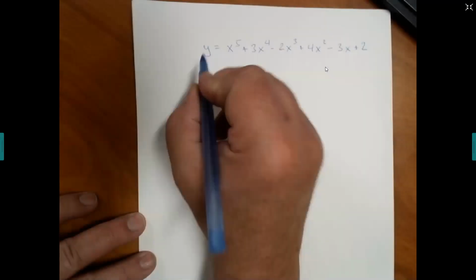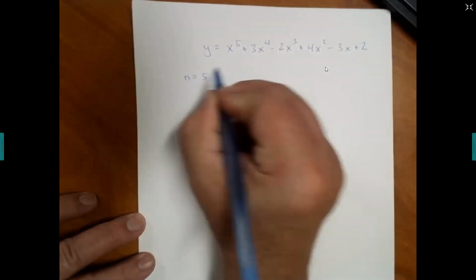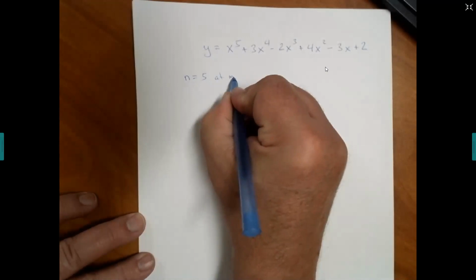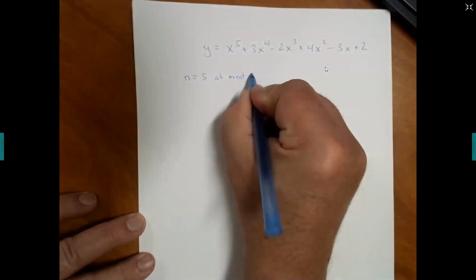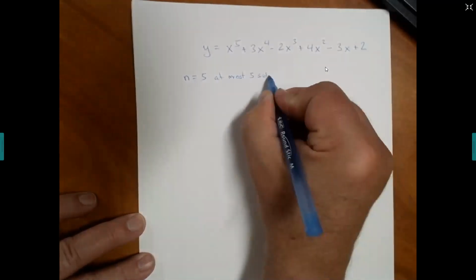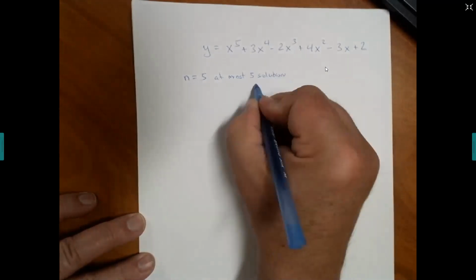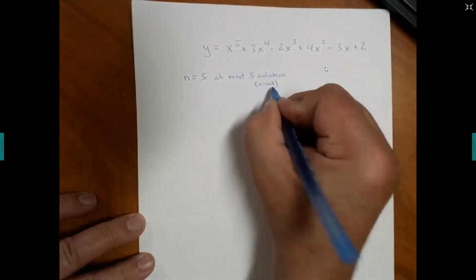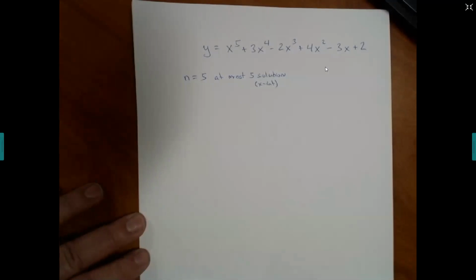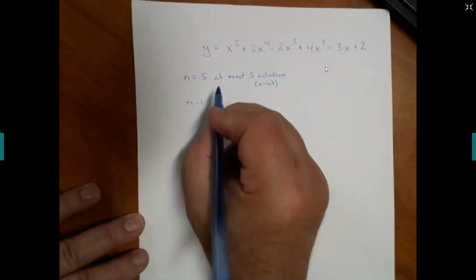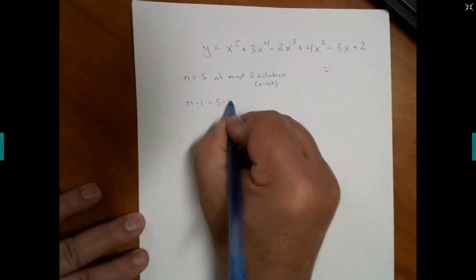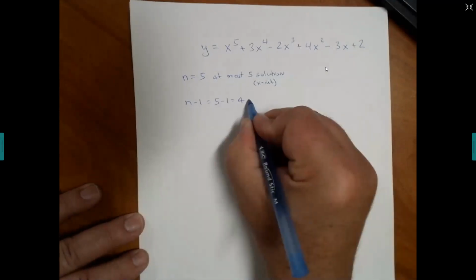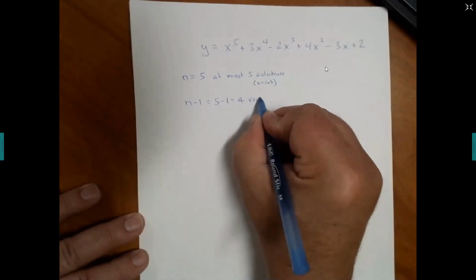The n is 5. So we'll have at most 5 solutions or x-intercepts. We'll have n minus 1, 4, at most 4 vertices.